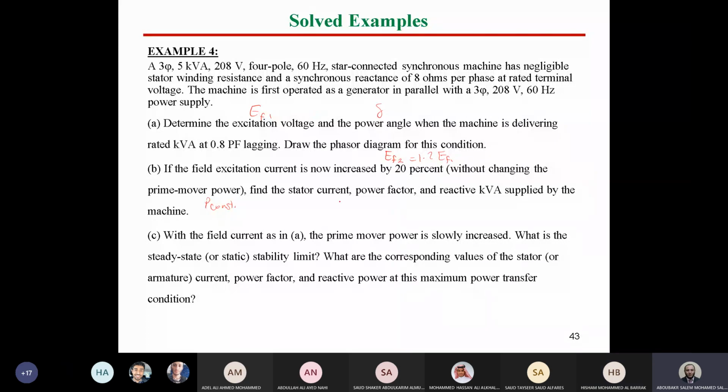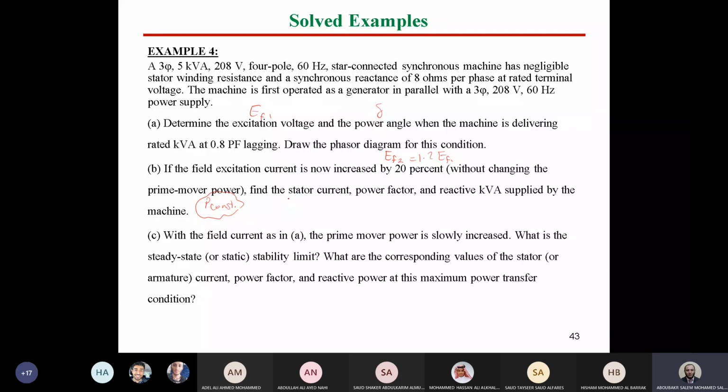But now the excitation is changed. We can find the power angle. How? By equating both cases, excitation or power? I mean power, sorry. Power, right? Because we said here it's constant power.